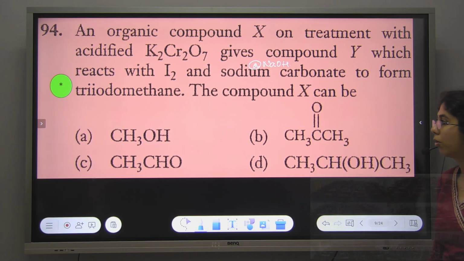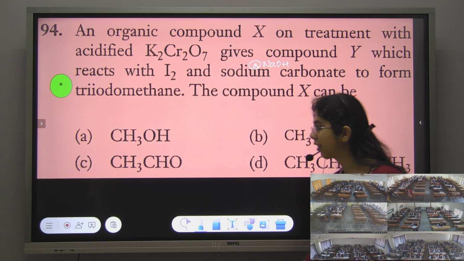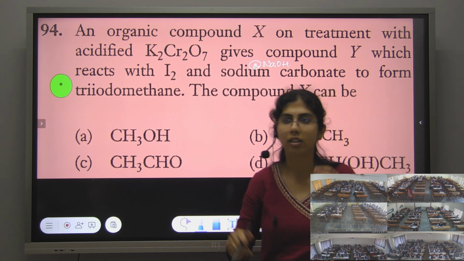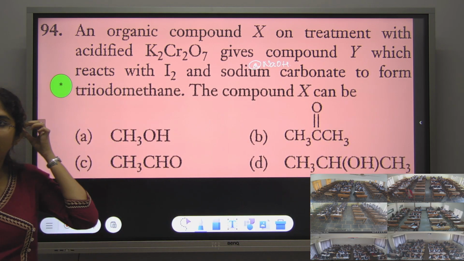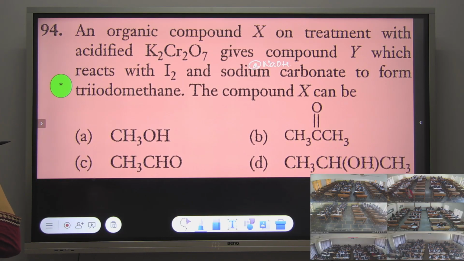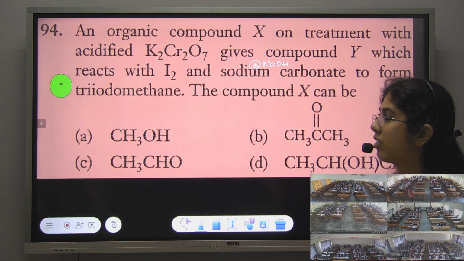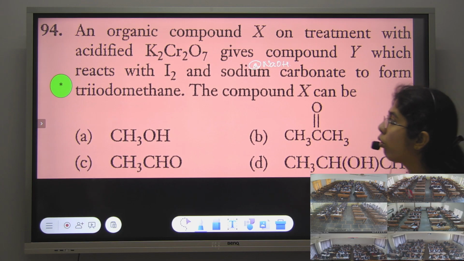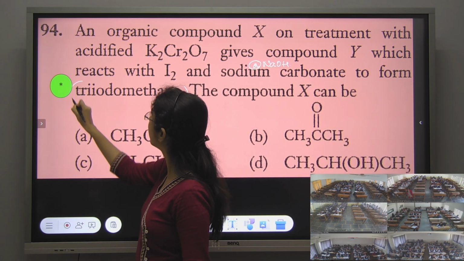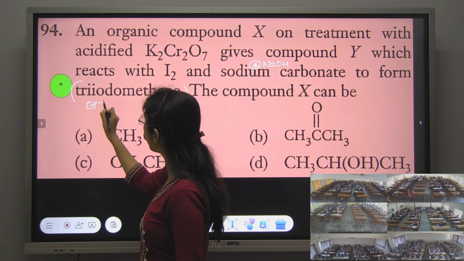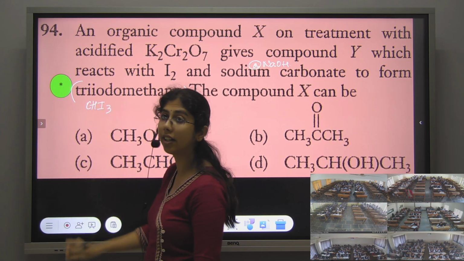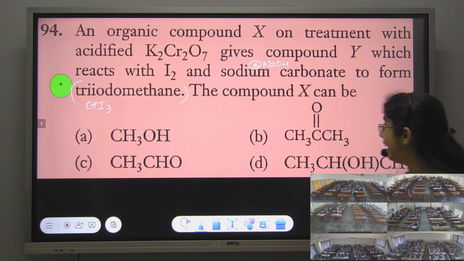Option C? Any other answer? Anybody else? Carefully observe the question, okay? Triiodomethane is what? This is iodoform, CHI3. Option D, triiodomethane. Option D.